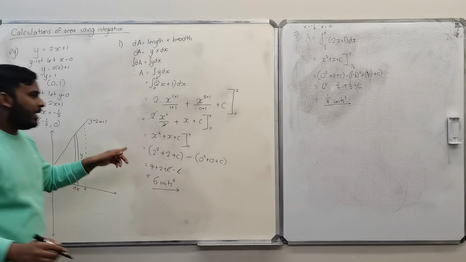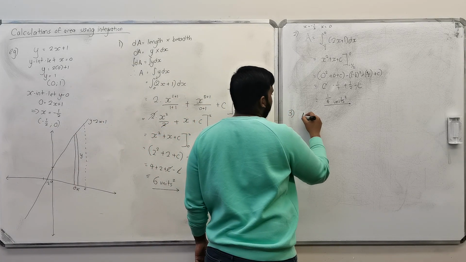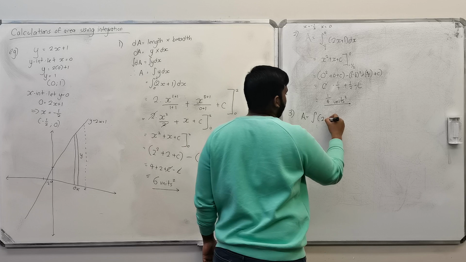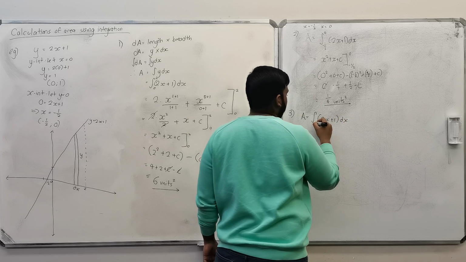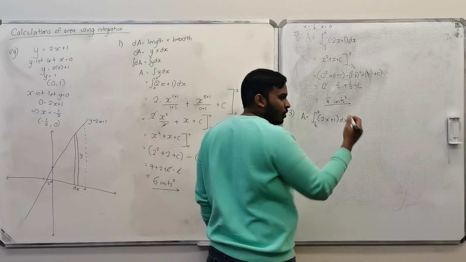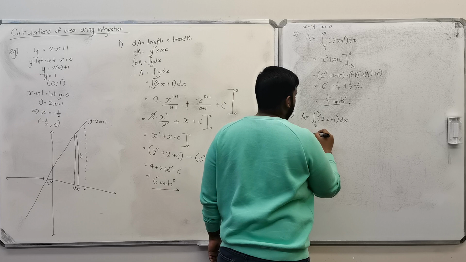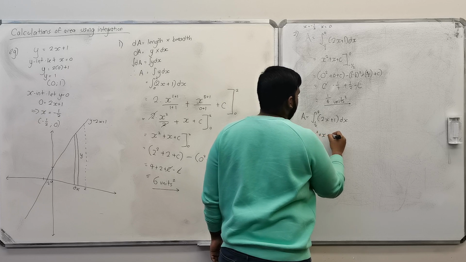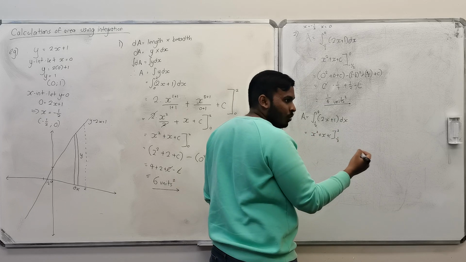We can do it exactly like how we did this, where we said that area is equal to the integral of 2x plus 1 dx, and we're integrating from minus a half to 2. Okay? We've established that that's your formula. You get x squared plus x plus c, integrating from minus half to 2.